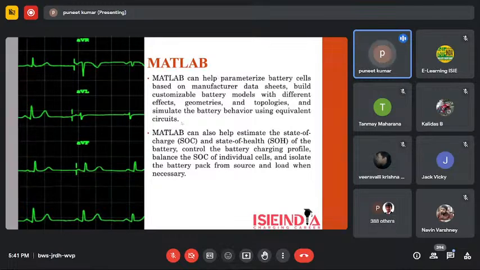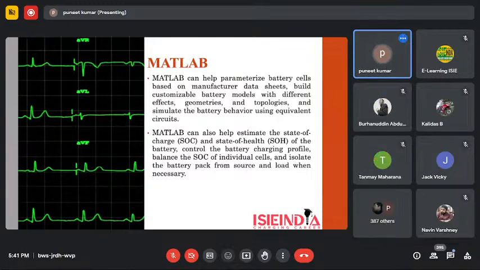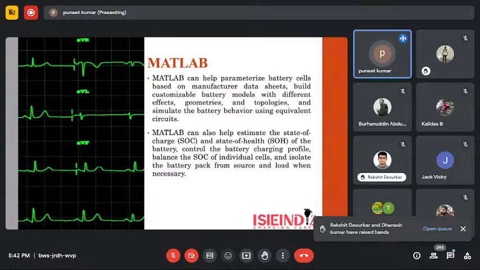When you buy some cell or battery, there is a data sheet which has geometries, topologies, and behavior, how the cell will behave. Generally, it depends on three factors. One is the mechanical factor, which includes the geometry. Topologies again come under the mechanical factor. Then there is the electrical factor, and then there is the computer factor, that is BMS.